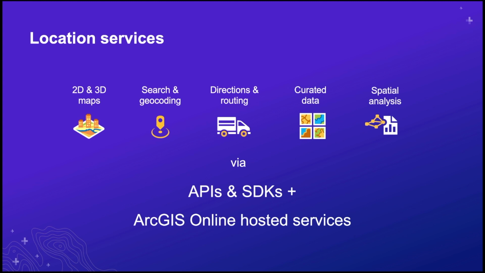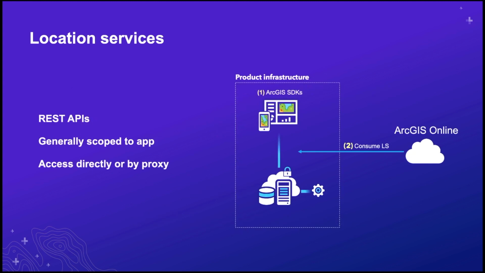The way that these are all delivered is via ArcGIS APIs and SDKs, as well as services that are hosted in ArcGIS Online that you can just call out to. So the schematic or high-level architecture for this, excuse the diagrams, is pretty straightforward.